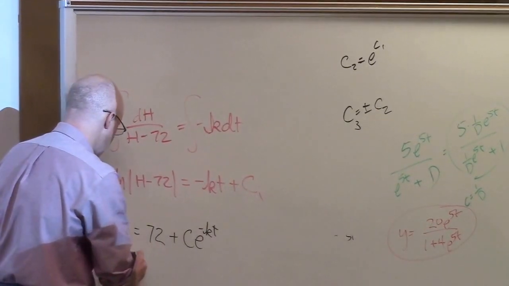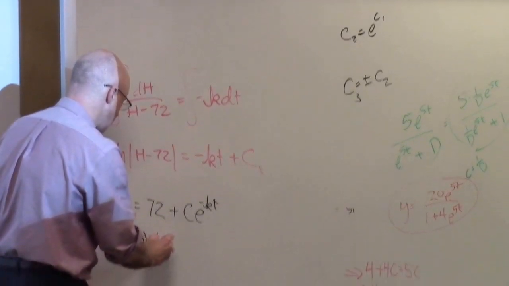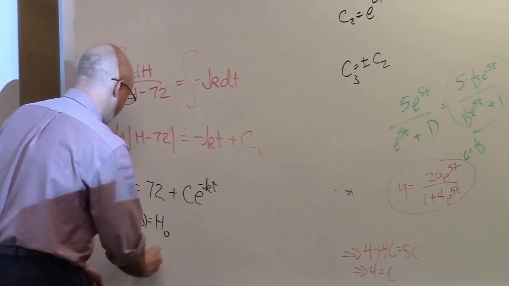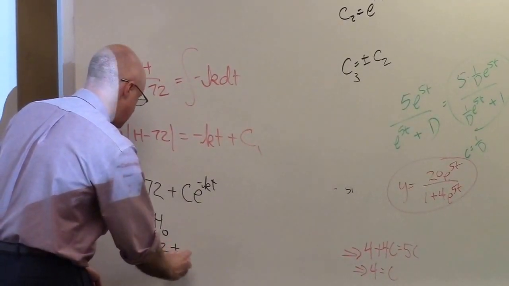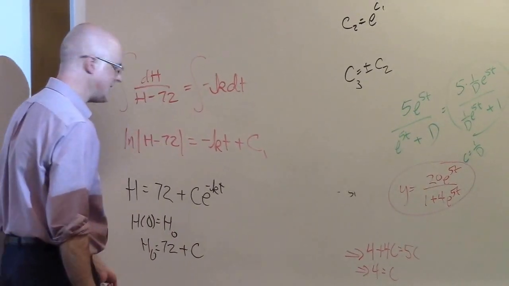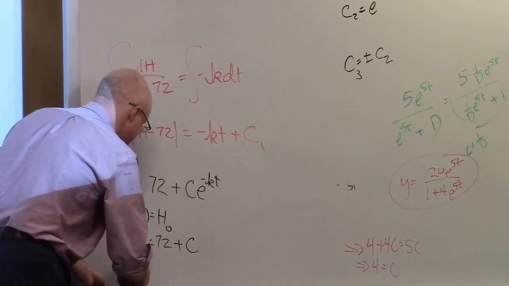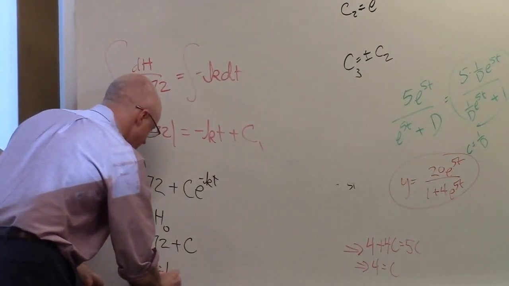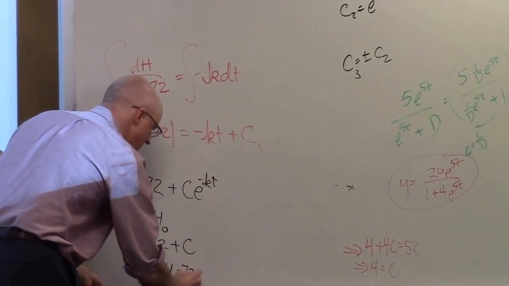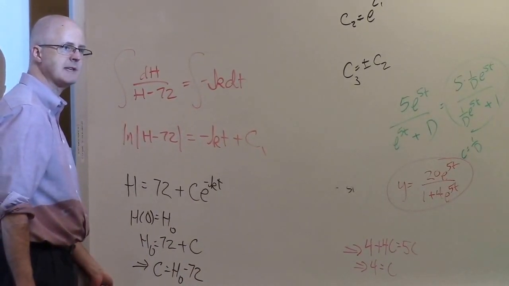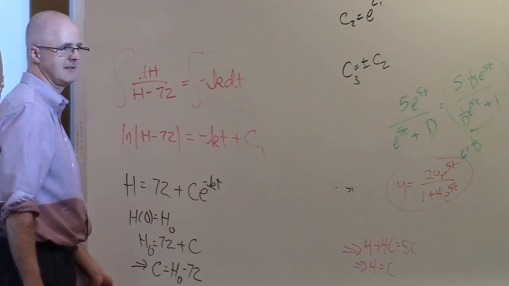You've got an arbitrary initial condition, H of 0 equals H sub 0. Plug in t equals 0, you'll get this equation because e to the 0 is 1. The C must in fact be the initial temperature of the coffee minus 72. By the way, I'm using H for hot. The coffee's hot.